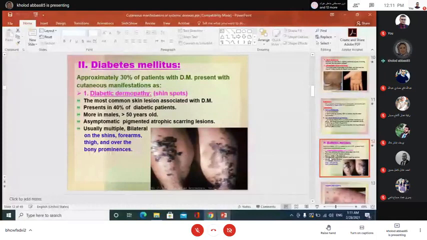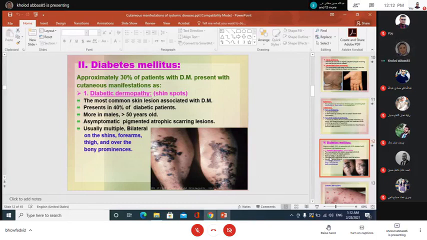The most common skin manifestation associated with diabetes is diabetic dermopathy, which is known as shin spots. It is present in approximately 40% of patients with diabetes, most commonly seen in males more than 50 years old. Diabetic dermopathy is usually asymptomatic. There's no itching, no pain, no tenderness, but it presents as pigmented atrophic scarring lesions.